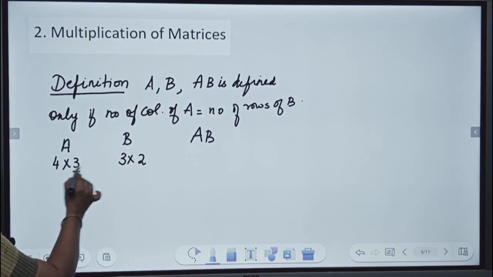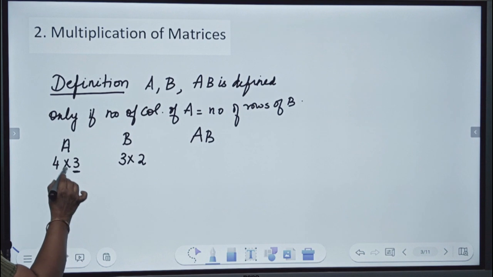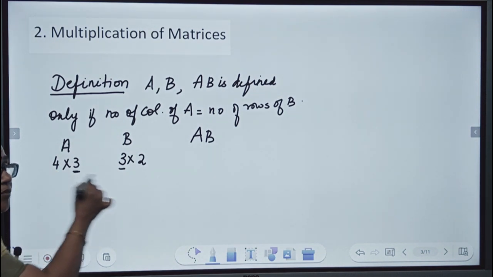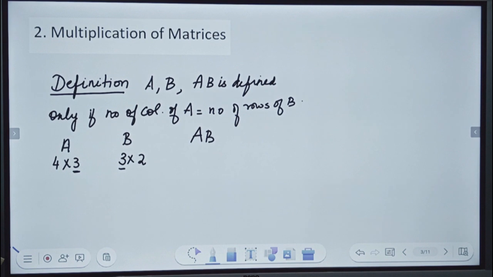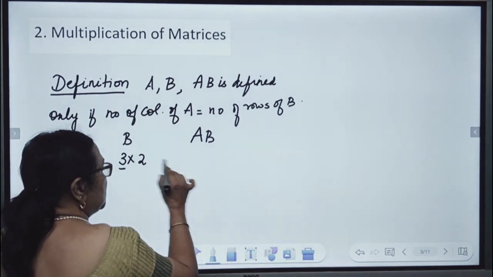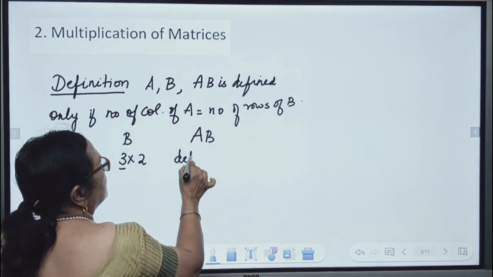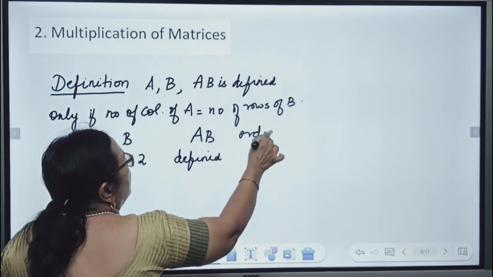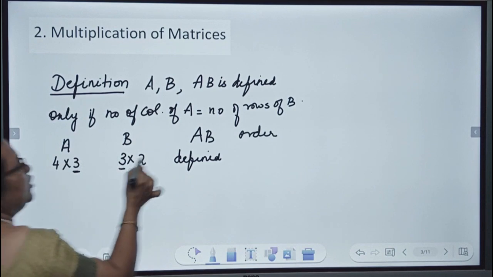So this number represents the number of columns of A. This number represents the number of rows of B. You can see that it is the same number. So the number of columns of A is equal to the number of rows of B. So AB is defined and the order of AB will be 4 by 2.